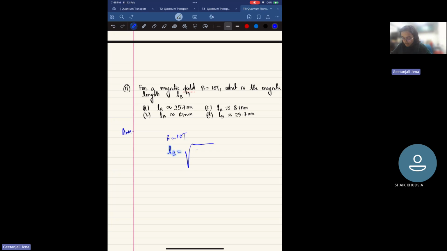If you recall, LB is the square root of h-bar by eB. This h-bar is 1.055 into 10 to the minus 34. e is 1.6 into 10 to the minus 19. B is 10 Tesla. From this, I think you will get 8.1. Let me check.